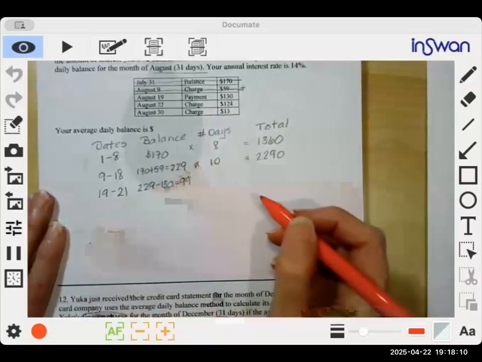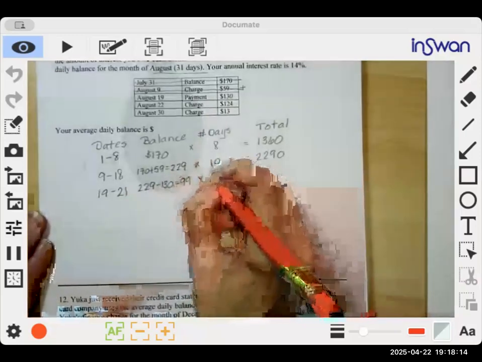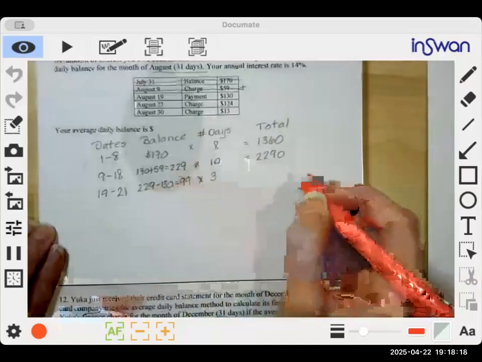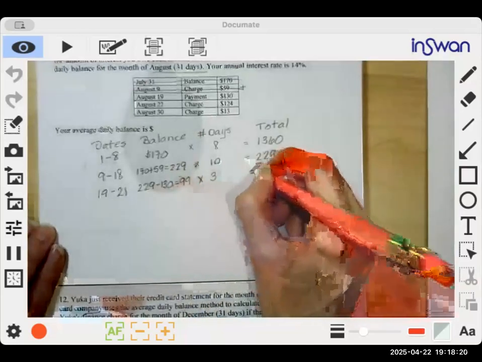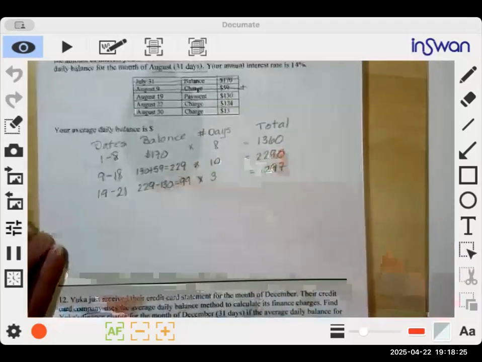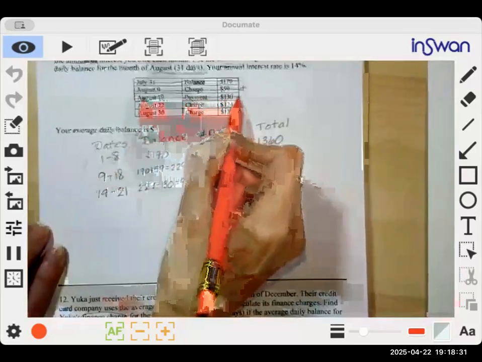And 19th to the 21st, so 19, 20, 21, just 3 days. 99 times 3 is 297. Okay, then we're going, let's cross that one out.